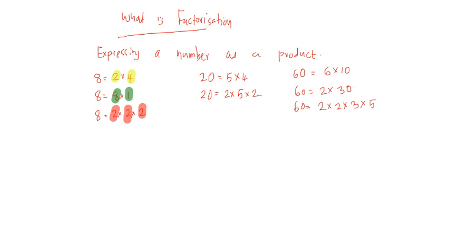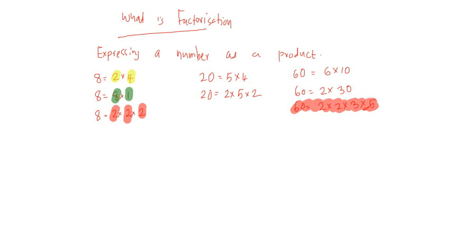Now you must be wondering, how did I write this directly, 2 times 3 times 5, without doing any calculation? I am able to do it because I have been doing it for some years. But for you, there are different ways to do this.